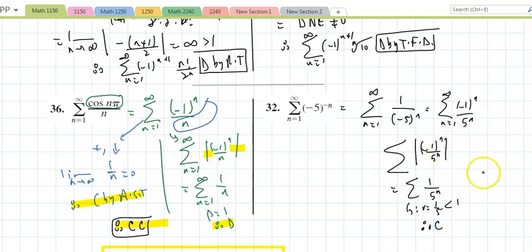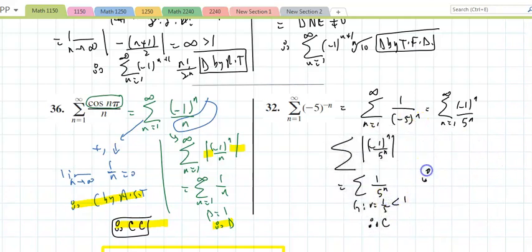And since I put an absolute value on it, my conclusion is that this series is absolutely convergent. So on your test, I'm going to ask, is this series absolutely convergent, divergent, or conditionally convergent? Of course, you could use the ratio test if you wish, but I thought this would be faster because this is geometric.